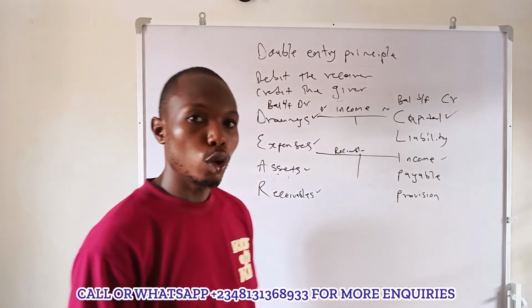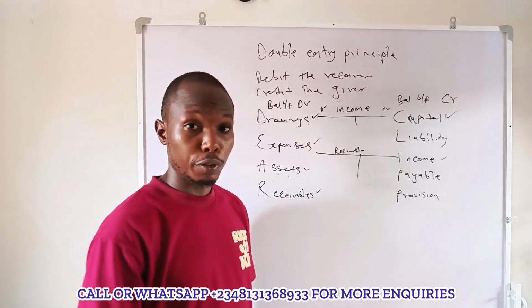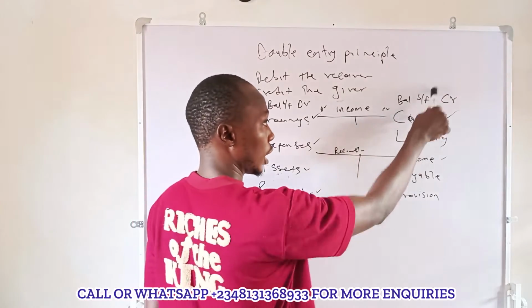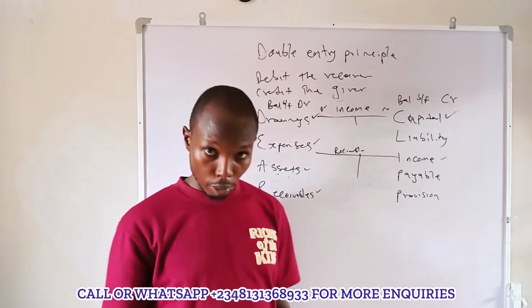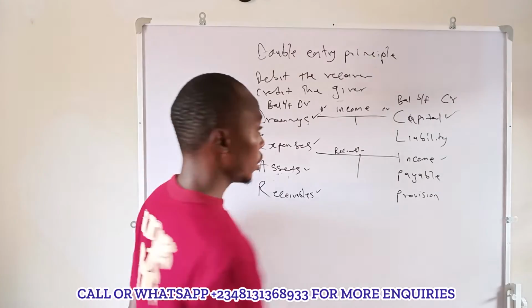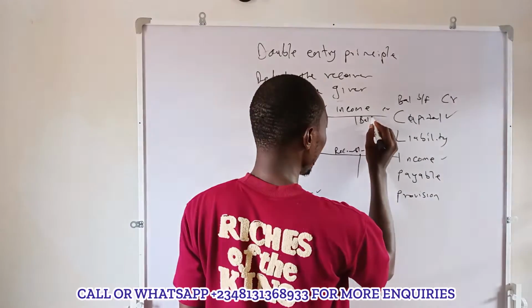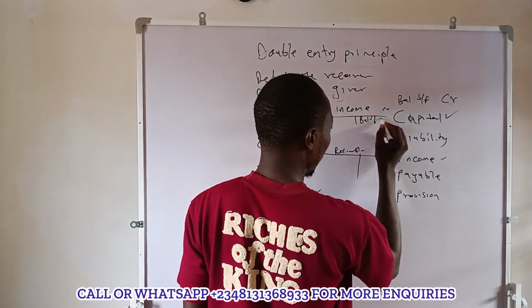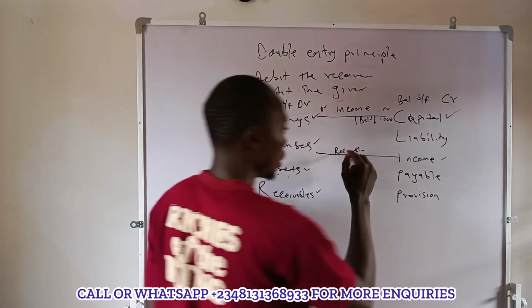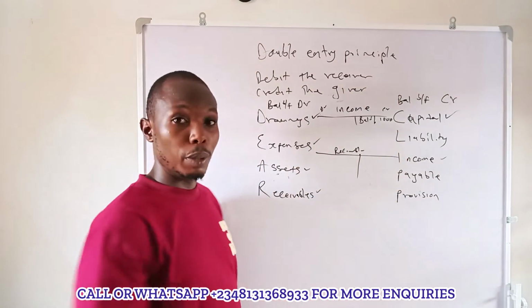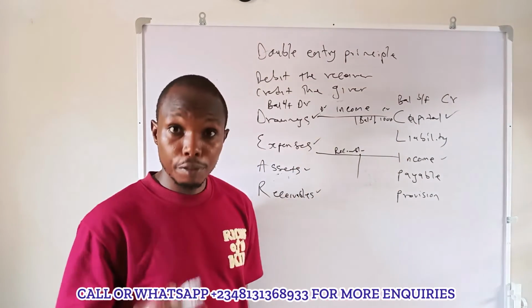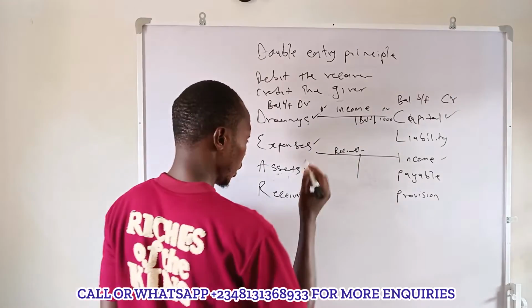But let's first of all deal with the balance brought forward. Remember, this is an income, and I told you the favorable balance brought forward is on the credit side. So we're going to have a balance brought forward of, let's say, 1000. Now this is receivable. Receivable is a debit balance account, so it means our favorable balance should be on the debit side.